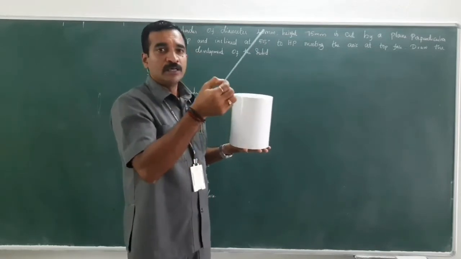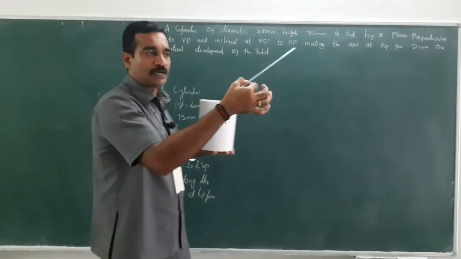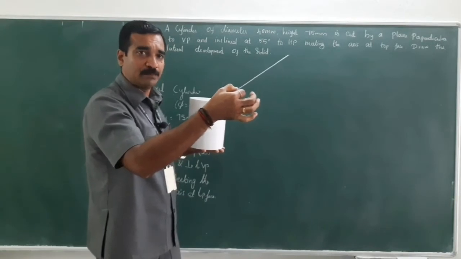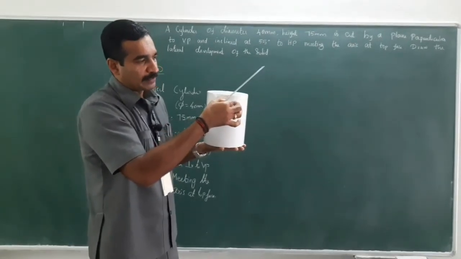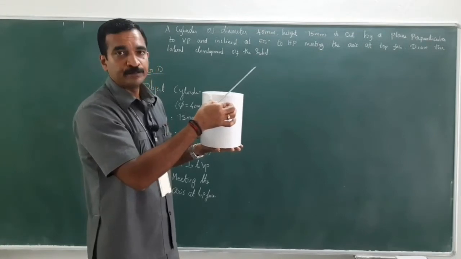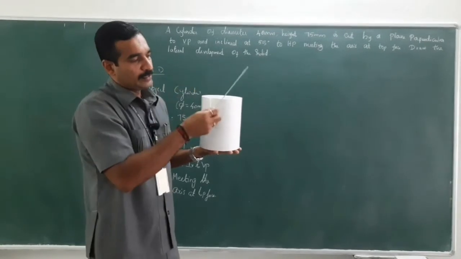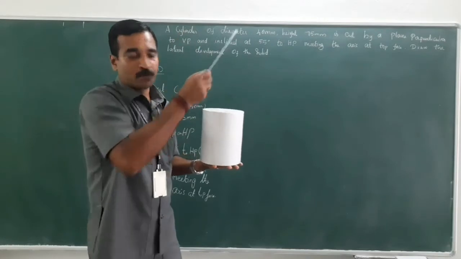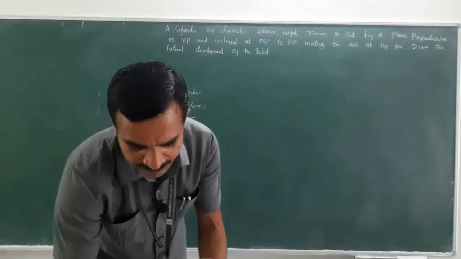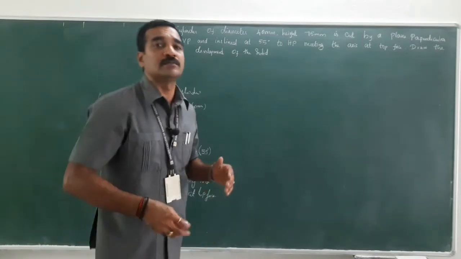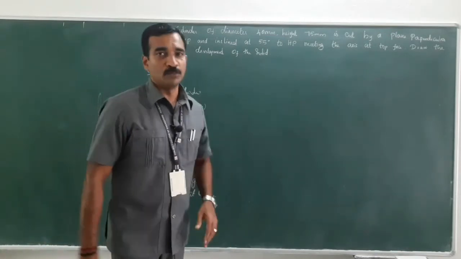Now the cutting plane is inclined to HP and perpendicular to VP, isn't it? I am going to cut in this manner at 55 degree. The above portion is the removed portion and this portion is the remaining portion. We have to draw the development, the lateral surface, for the removed portion.